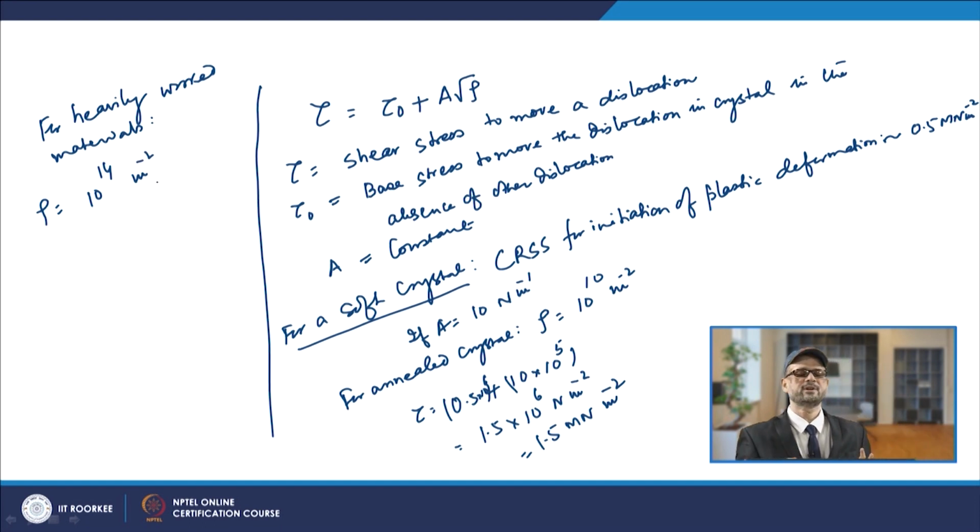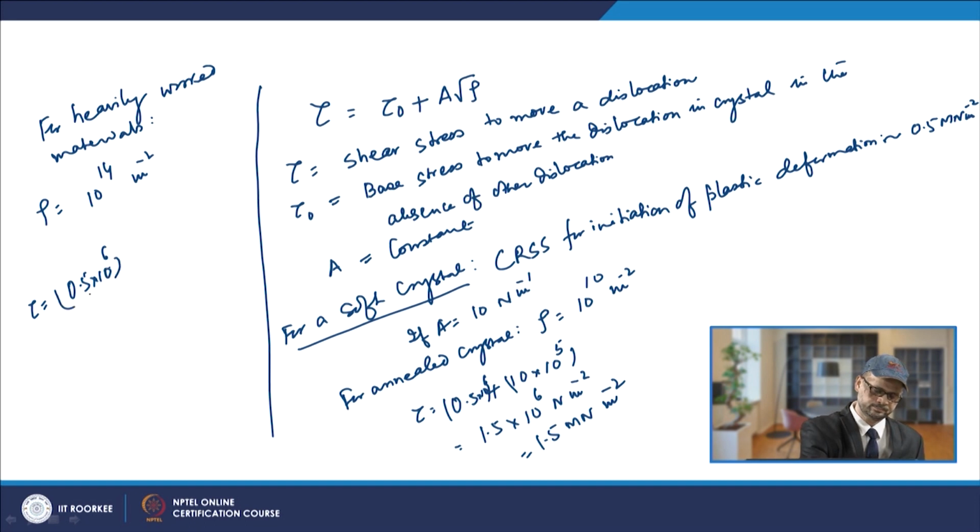Now tau will be tau naught, which is anyway 0.5 meganewton, that is 10 to the power 6 Newton per meter square, plus A, which is 10, times the root of rho, which is 10 raised to the power 7. So basically it will be 100 into 10 raised to the power 6.